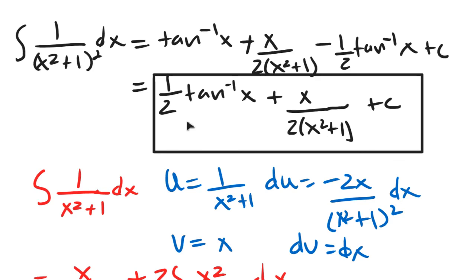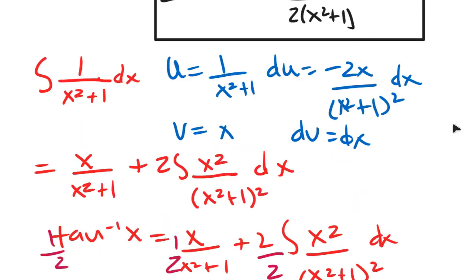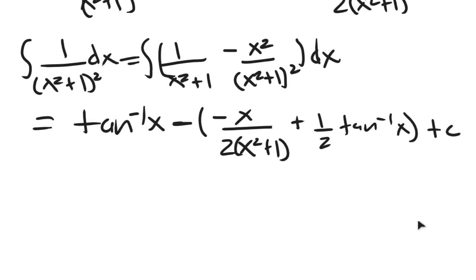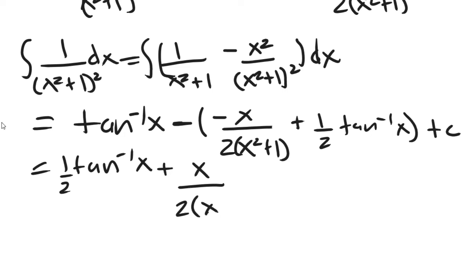So this is our answer right here, is it not? Well, in this case, we can go ahead and say that we're done, aren't we? Because we derived a nice formula. That's going to be 1/2 tangent inverse of x, plus x over 2 times (x squared plus 1), and then plus c.